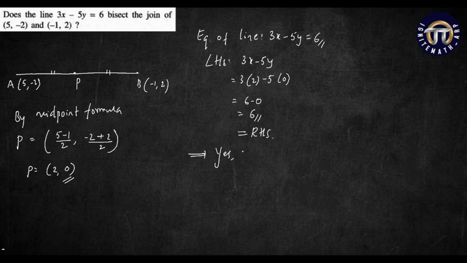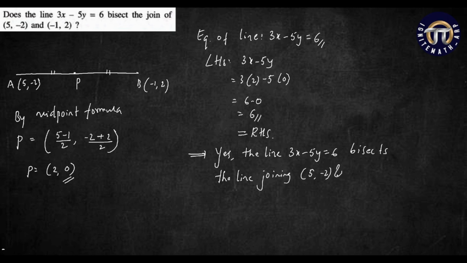Yes, the line 3x minus 5y equal to 6 bisects the line joining (5, minus 2) and (minus 1, 2). Clear, children? Very simple type of question.